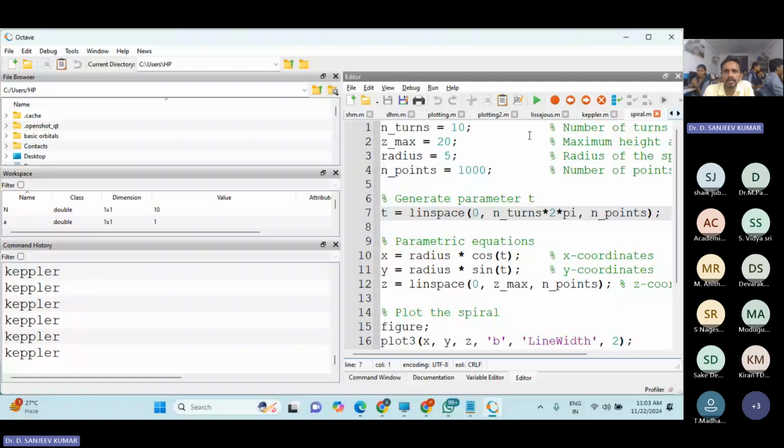So I'm considering n number of turns. N turns is 10. So I try to plot 10 loops in the spiral. And Z max. So the height of the spiral is 20 units. So within 20 units, I try to plot 10 loops. And radius is 5 units. And I want to have 1000 points.